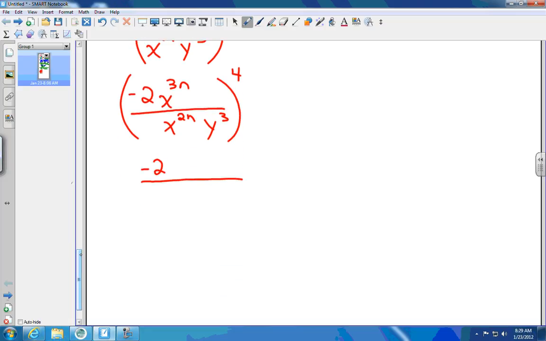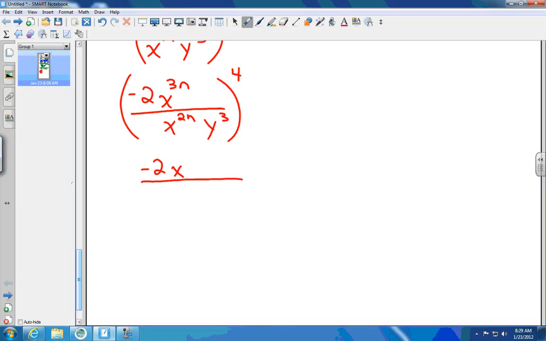So we have x to the 3n over x to the 2n. So this is dividing with the same base. So which one of these is smaller, 3n or 2n? You would assume 2n would be, and that'd be correct in this problem. So you would take this up to the top, and subtract. So you'd have x to the 3n minus 2n on the top, which is just 1n.